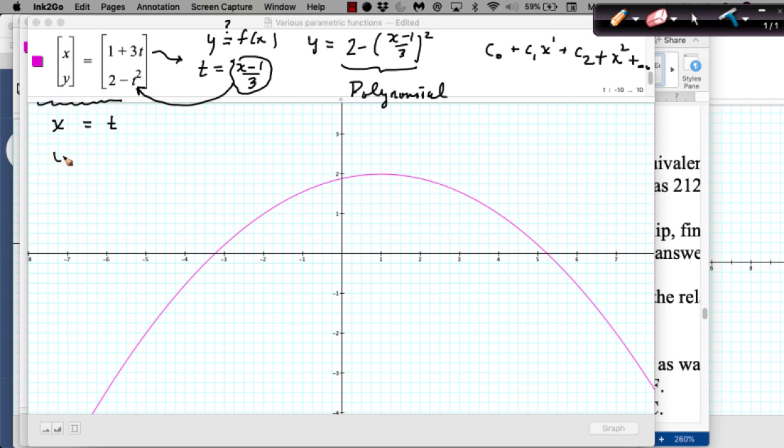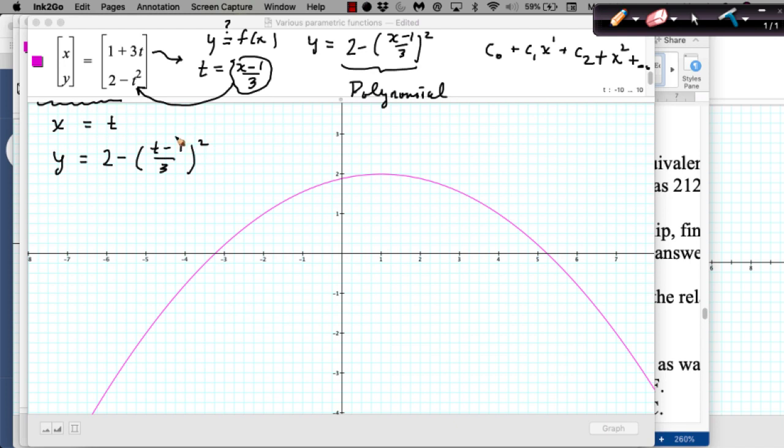And if x was t, then what would y be? Just replace the x with a t. And here I have another way to write this parabola, this function, parametrically.